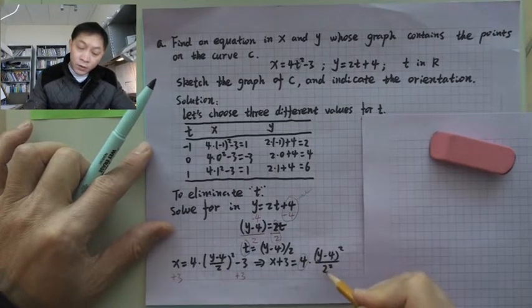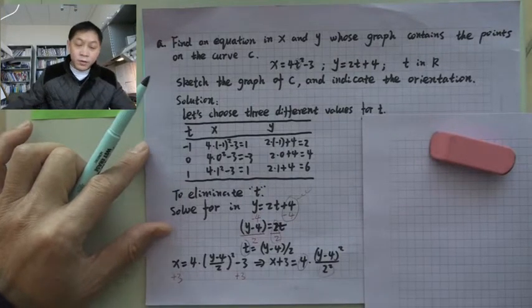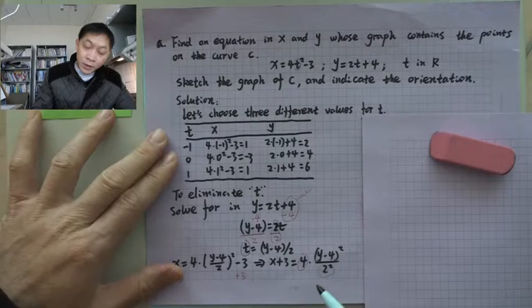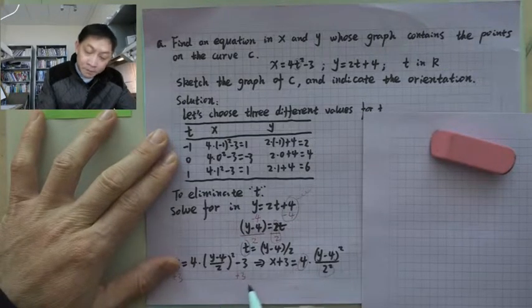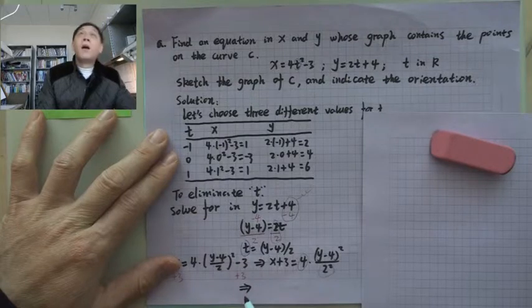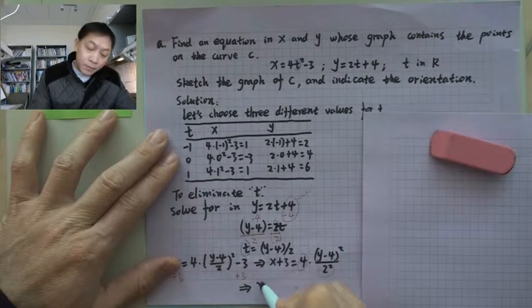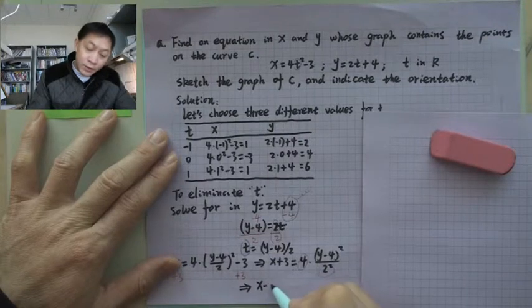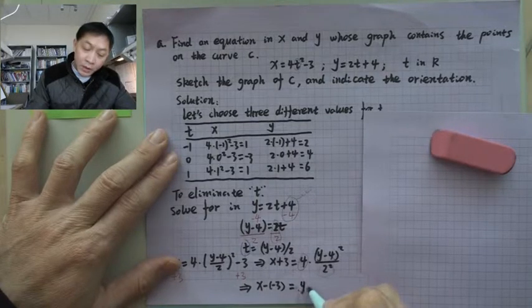Now 4 and 2 squared, they cancel each other. So what we get will be this one. Will be x minus negative 3. And then the right hand side will be (y minus 4) squared only.